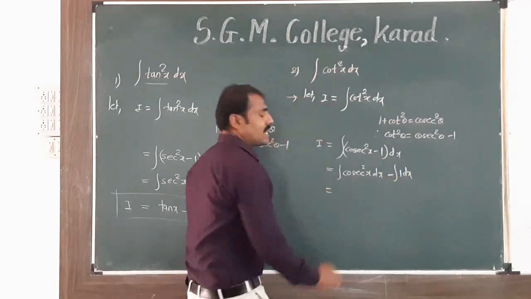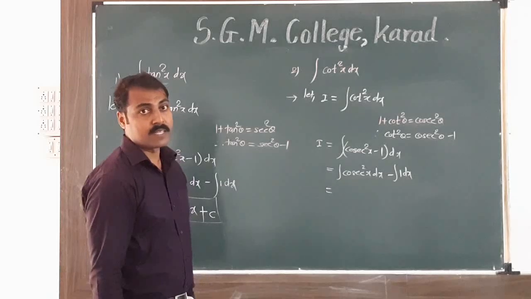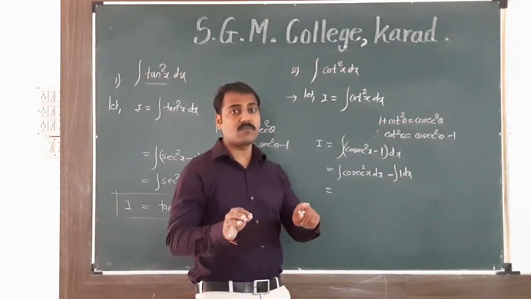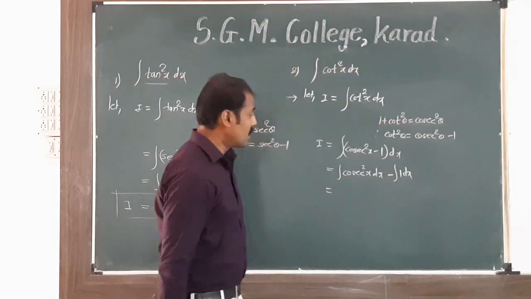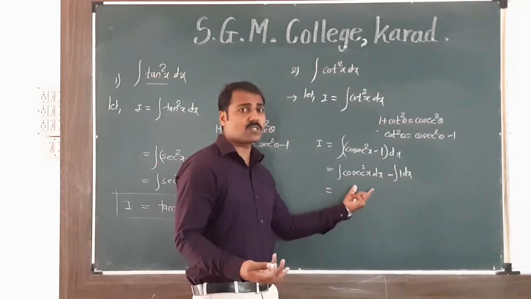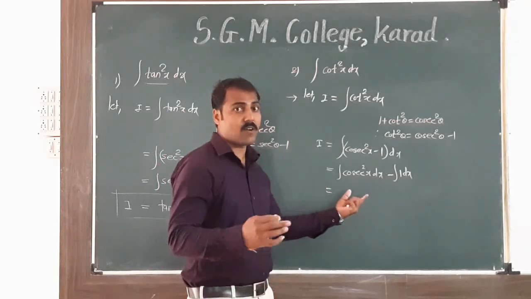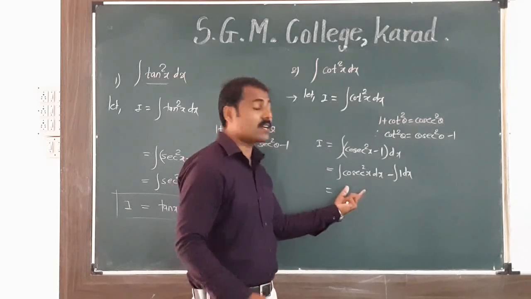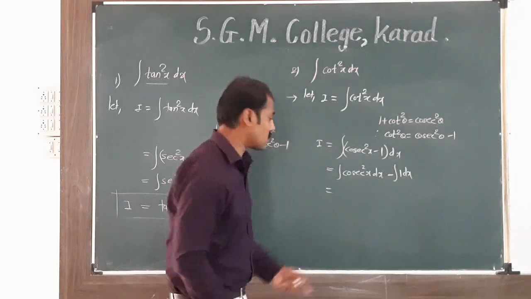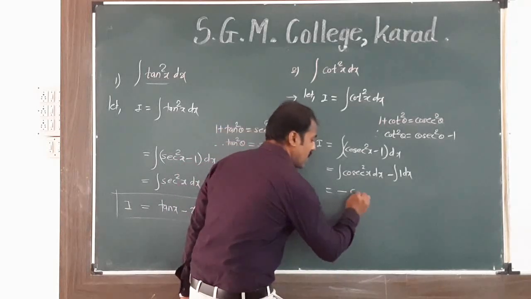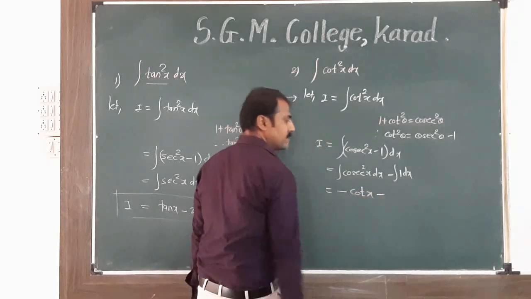We know the integration of cosec square x. Whose derivative is cosec square x? The derivative of cot x is minus cosec square x. So the derivative of minus cot x is cosec square x. So integration of cosec square x is minus cot x.